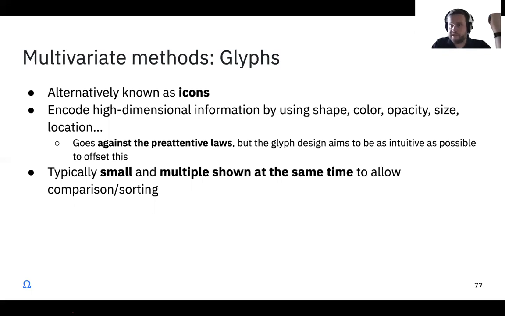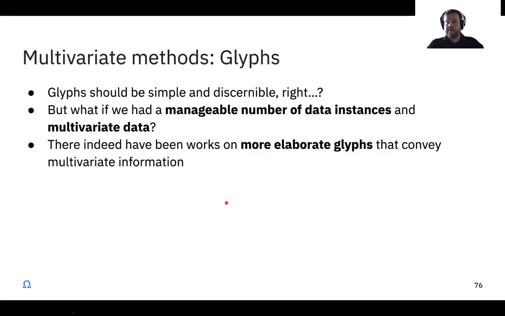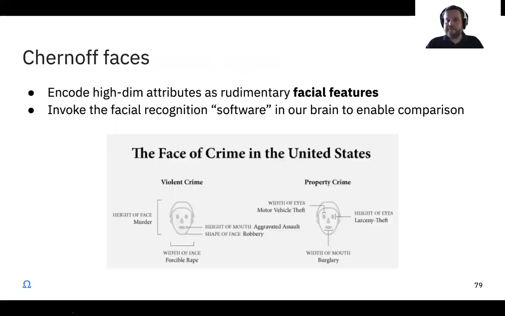So you should know about these glyphs, and you see that there are some references here in the survey that people keep working on this, and the rugby glyph example that I've been talking about is considered useful for sports analytics. So there is a way, but lots of them are terrible failures. That's actually including the most famous case of the Chernoff face.